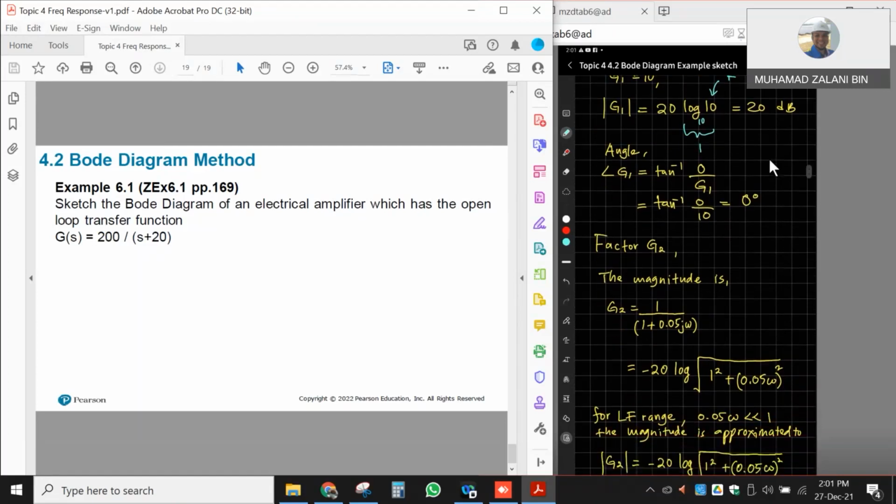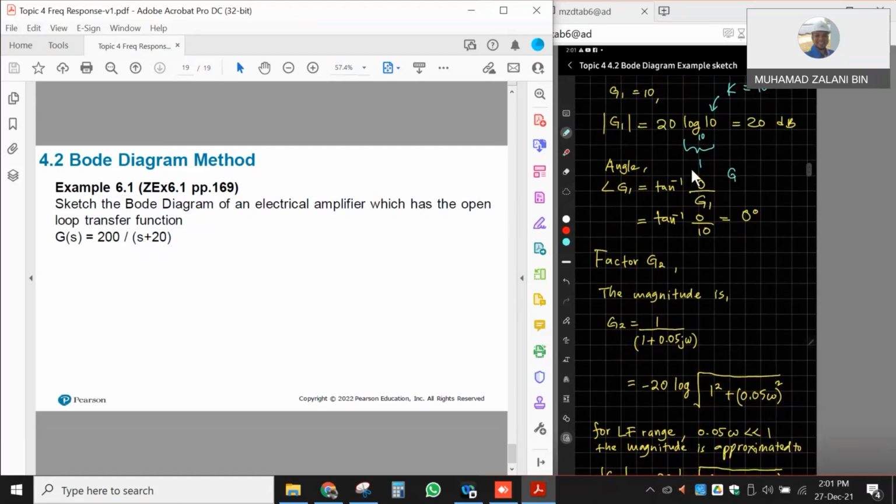And then let's calculate the angle. The angle of G1 is arc tangent of 0 over G1, because G1 is a constant factor 10 plus j omega, and the j omega part equals 0.